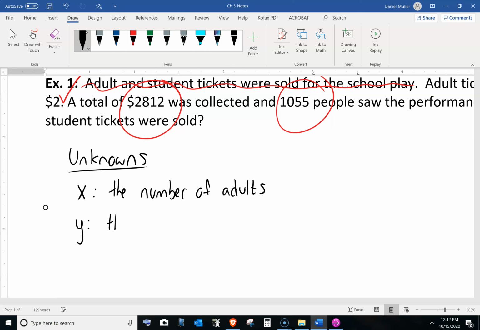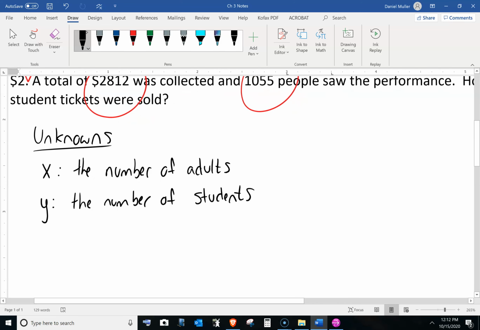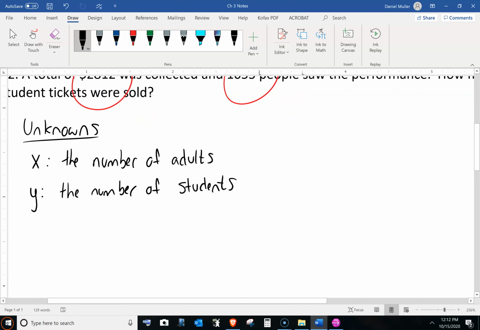And let Y be the number of students. Now we already know how much they paid each, but we don't know how many in total there were of each.